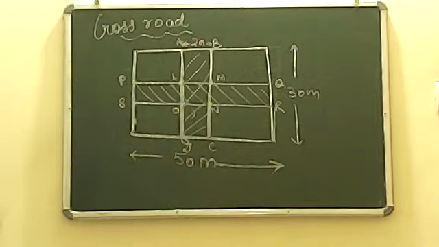In rectangle ABCD, which I have drawn right now here, what is the measurement of length? Tell me faster in the chat box. What is the measurement of length? In rectangle ABCD, I'm talking about ABCD. Tell me faster.